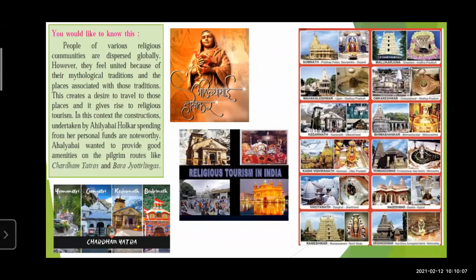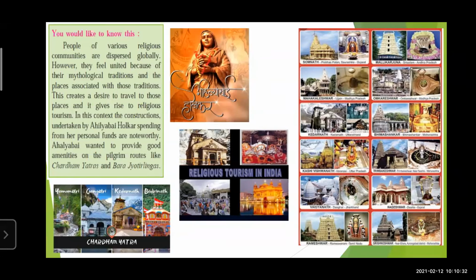However, they feel united because of their mythological traditions, basically traditions from the past, especially about some gods and goddesses and the war of courage. Because of this mythological tradition, even though we are scattered worldwide, we are connected.